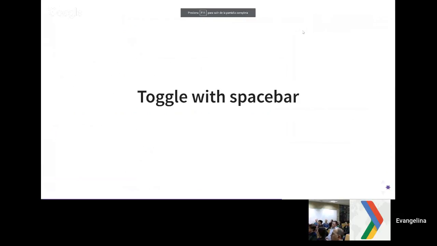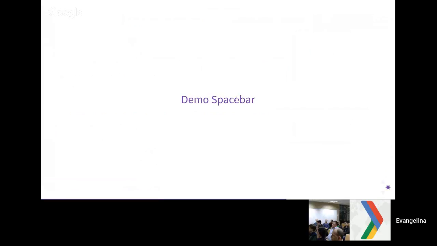Now we move on to the next part, which is being able to toggle this on and off with the spacebar, plus the ability to toggle it on and off by using the click button. So how can we make this possible? With a little JavaScript.